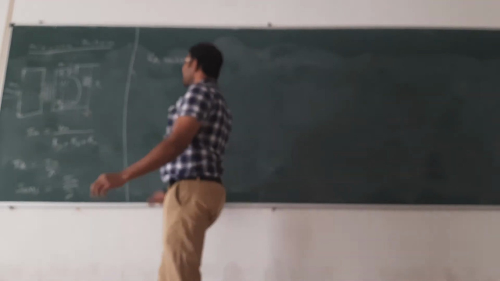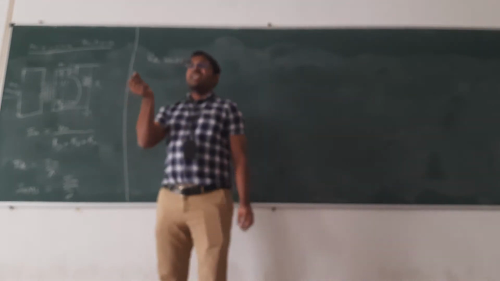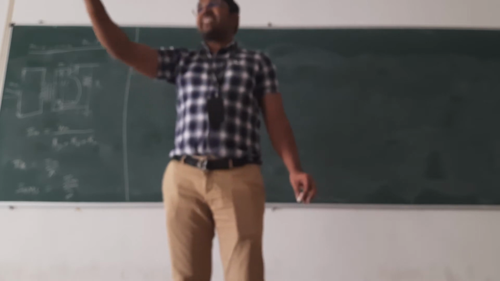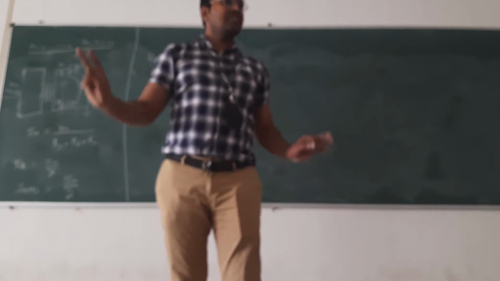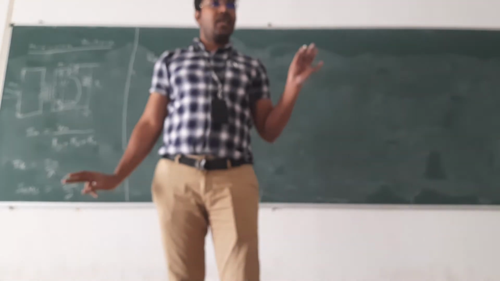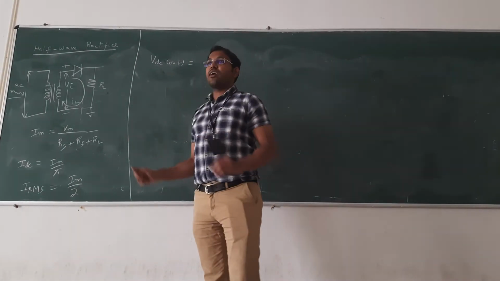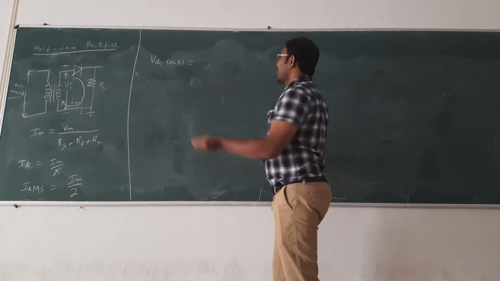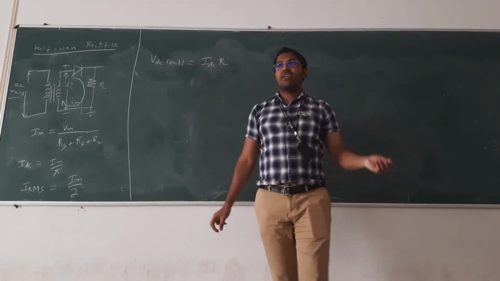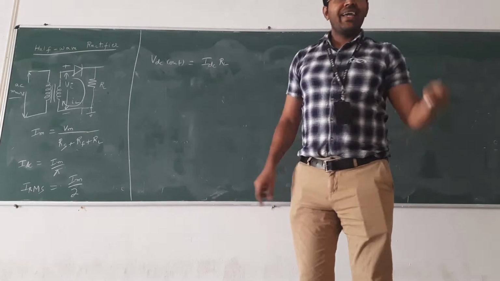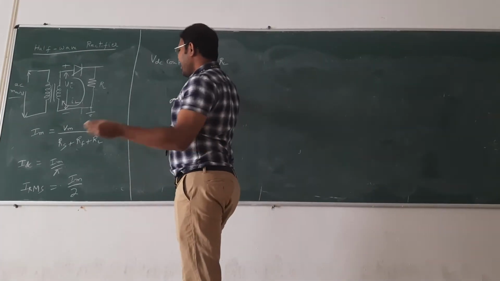See, DC voltage will be DC current into resistance. AC voltage will be AC current into resistance. Simple. So tell me what will VDC out be? Very good. IDC into RL. That's all.